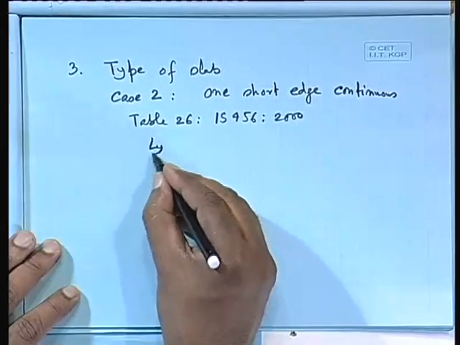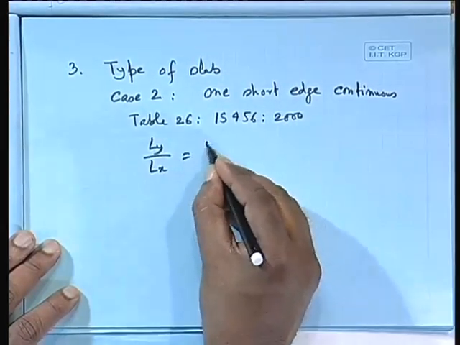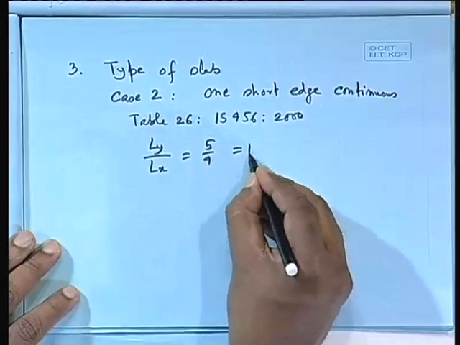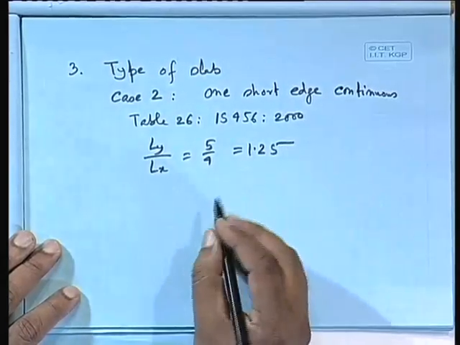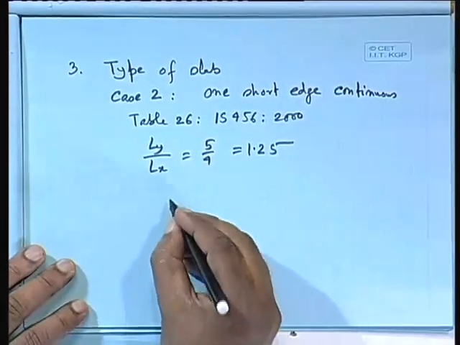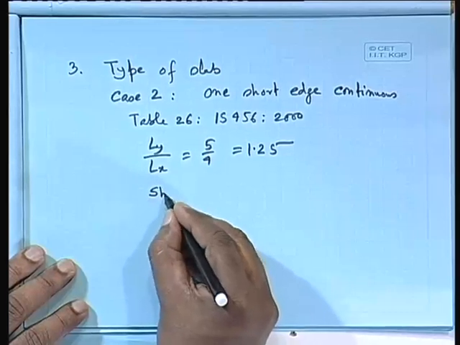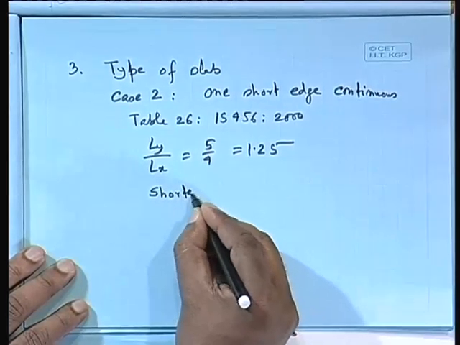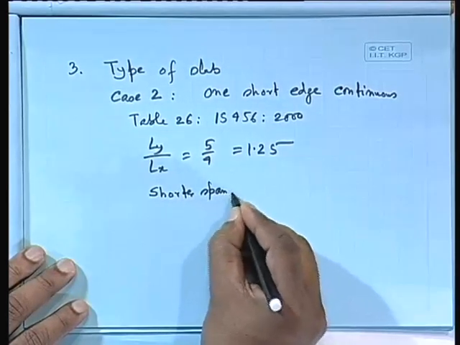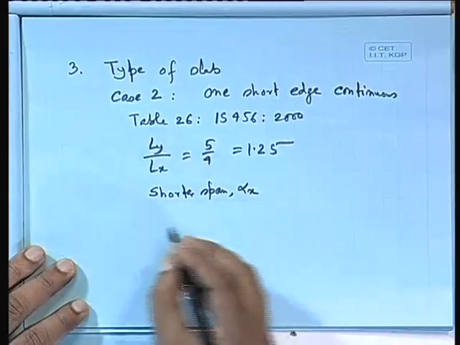Ly by Lx already you have computed, 5 by 4 equals 1.25. Now let us write down explicitly shorter span alpha x.